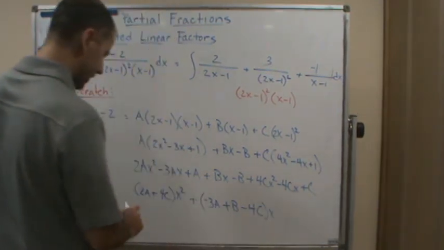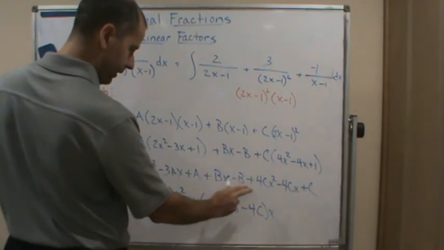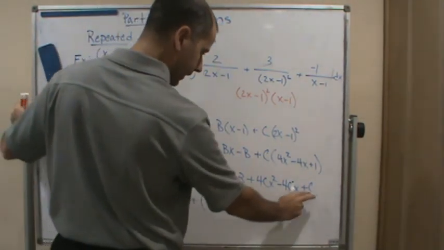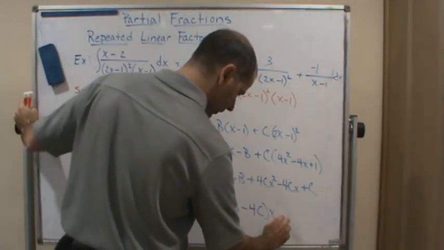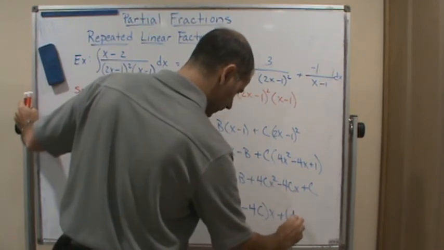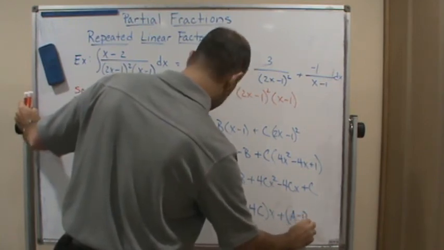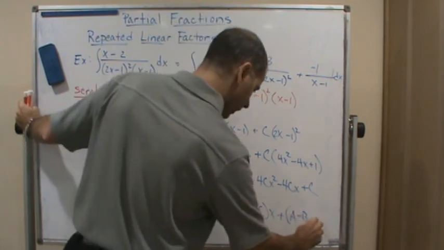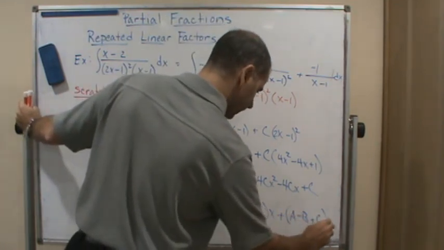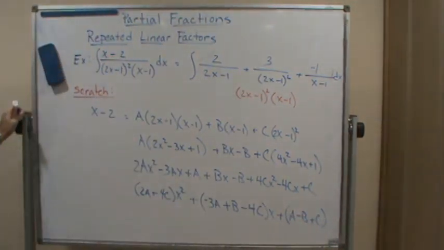And then for the constants, I've got an a, a minus b, and a c. So that's going to give me a minus b, plus c. That's my constant.